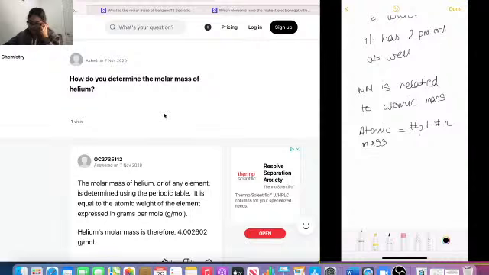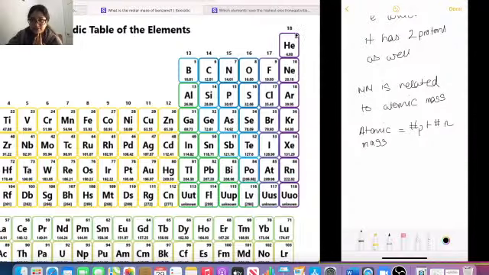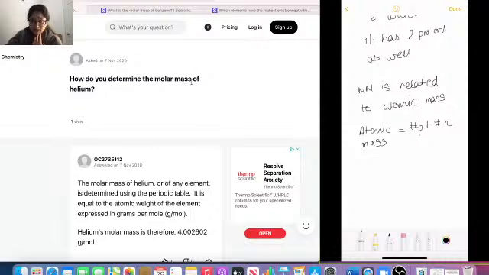We're dealing with helium right here, and the number of protons, as we saw here, is 2. And your number of neutrons is, in most cases, the same as the number of protons. So you can say 2 plus 2 for helium, and so we basically have 4 AMU.